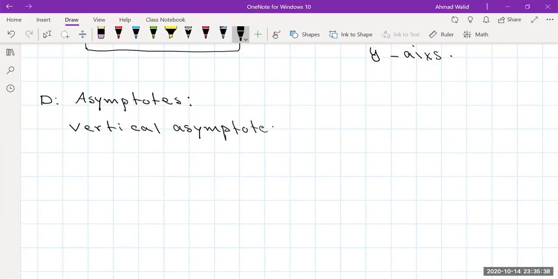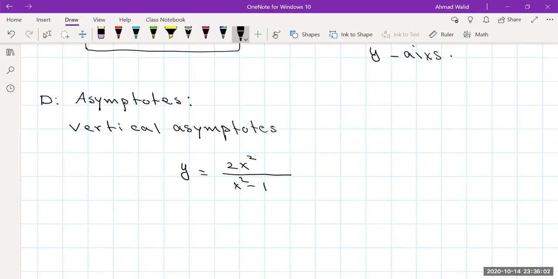I know in many classes, maybe you have friends in other calculus classes, they make this part easy. They want to skip one part, but we don't because we learned everything. We know how to deal with it. Look, the function was y equal to x squared over x squared minus 1.